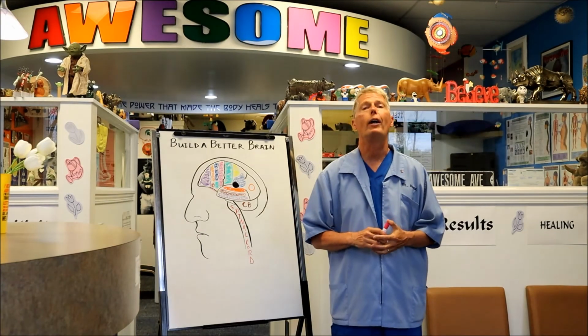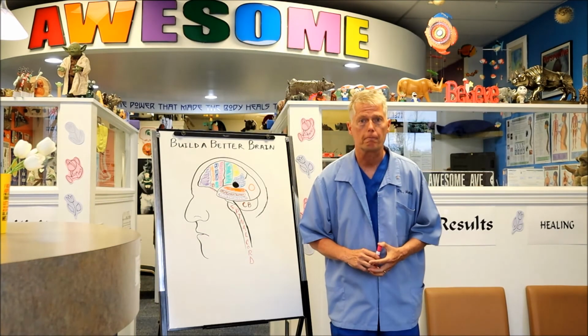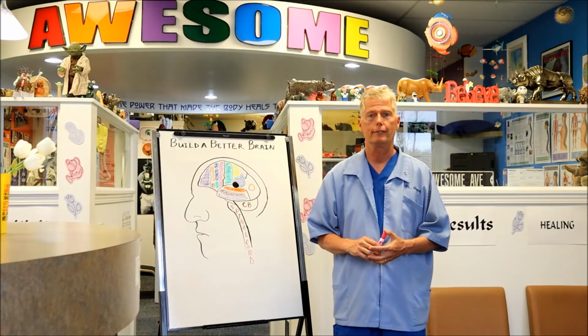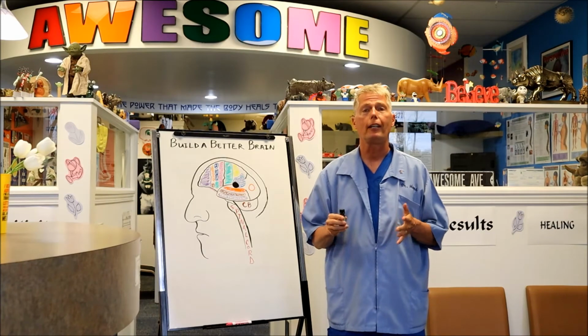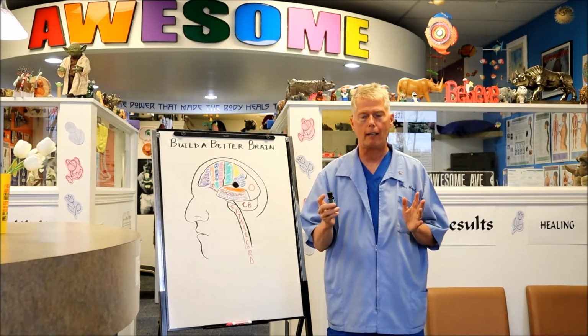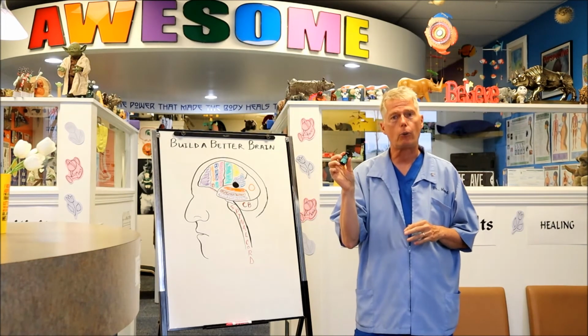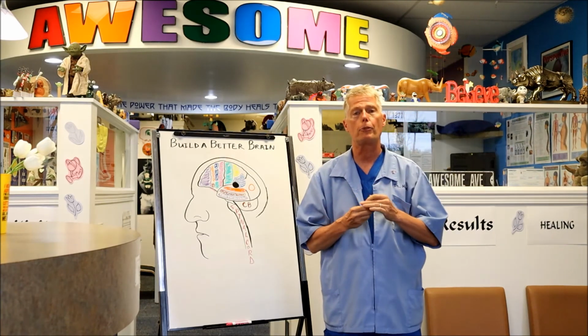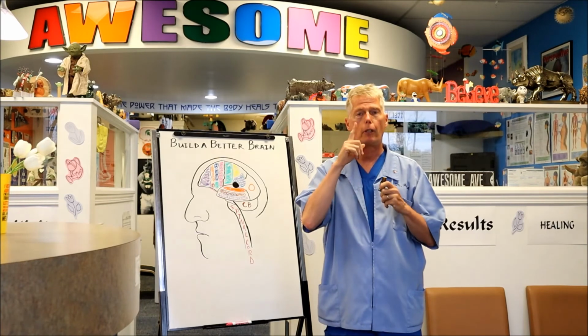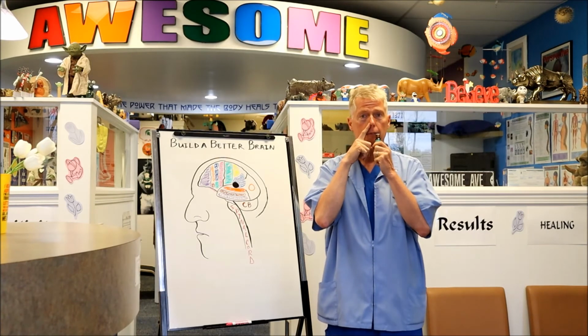So, a great exercise for your temporal lobe is just to smell something. This is an essential oil, it's peppermint, and I want to stimulate my left temporal lobe. So I'm going to close my right nostril, and I'm just going to breathe.